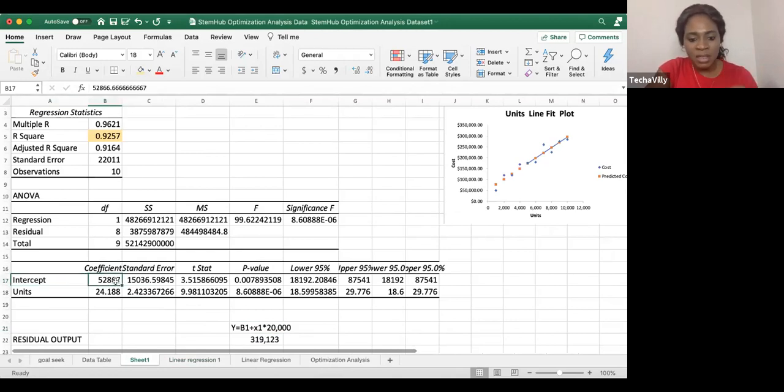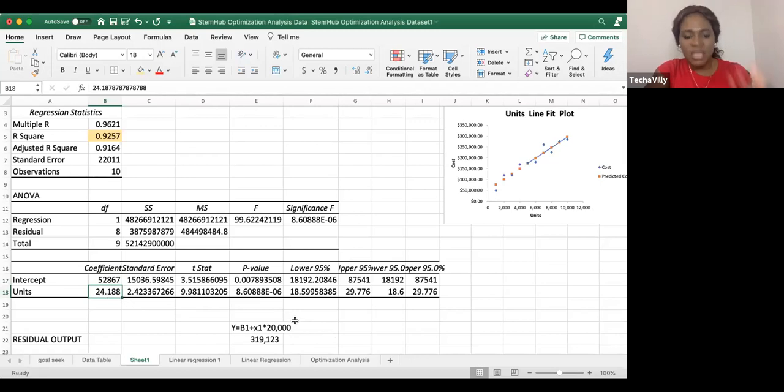So that's the first thing. So your B1, whatever letter you want to use, is your intercept. And you will add it to X1. Your X1 is the first unit, and you're picking this unit from your regression analysis. That is just it. And we are multiplying that by the quantity we are trying to find, the 20,000 quantity.